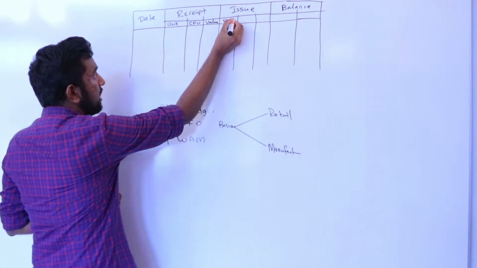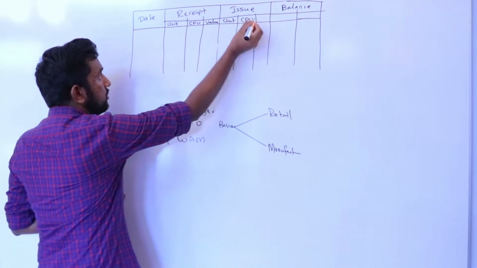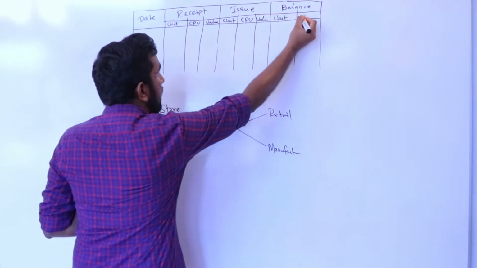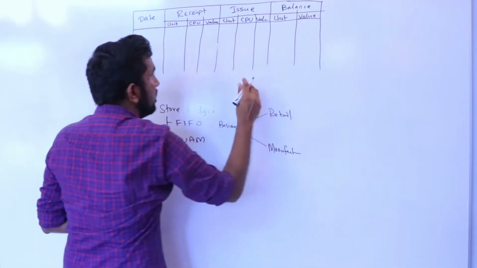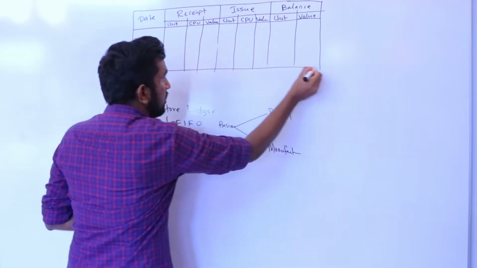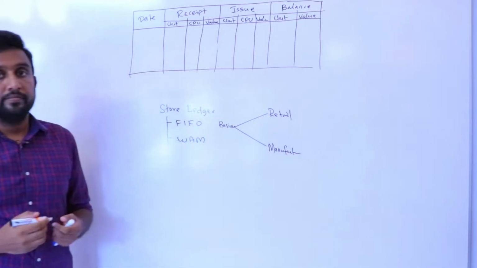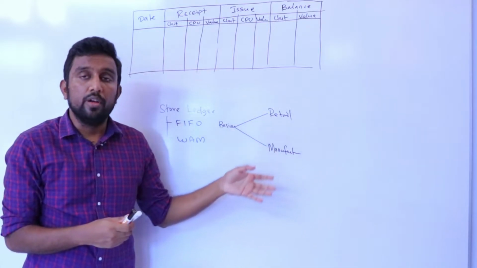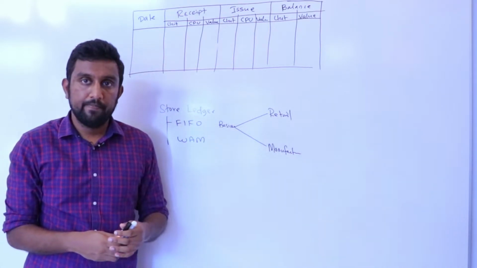Again under issue, we have units, cost per unit, and value. Under balance, we have units and value, but not cost per unit. So this is the general format. Whether it is a retail business or a manufacturing business, the format is the same.